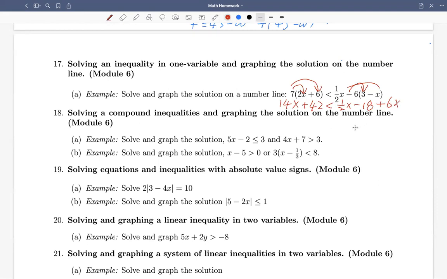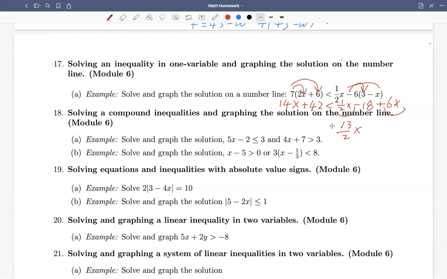Now we want to combine the like terms. On the right-hand side, we have the half x and 6x, so that gives us 6 and a half x. We don't want to keep it as 6.5, so we want to use an improper fraction. 2 times 6 is 12, so basically we change 6 to 12 divided by 2. So 12 over 2 x plus half x is 13 over 2x.